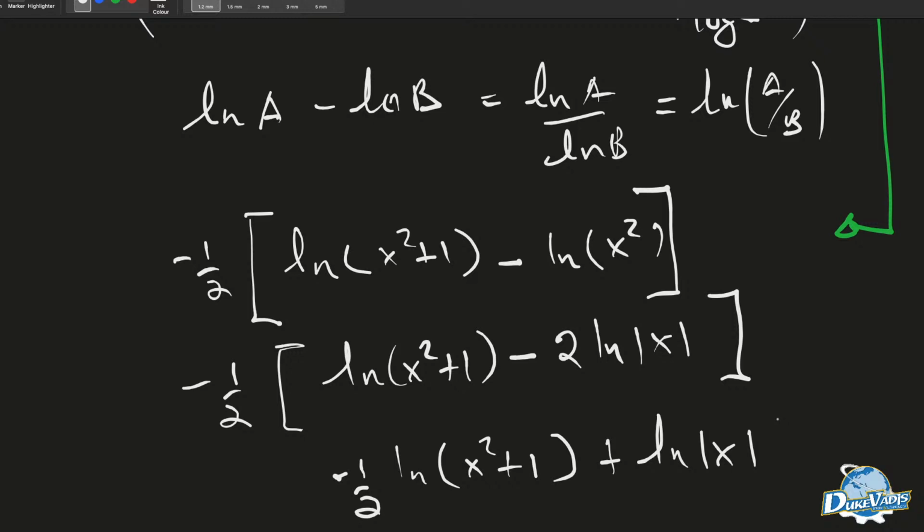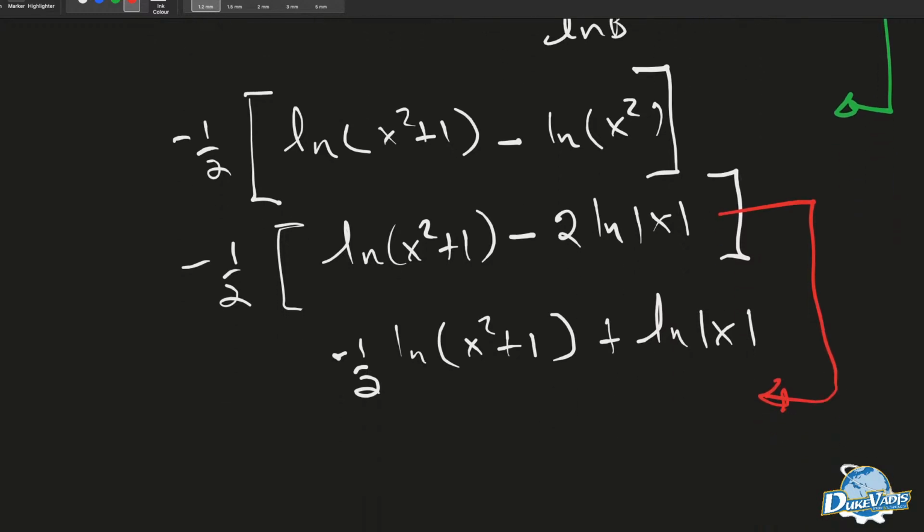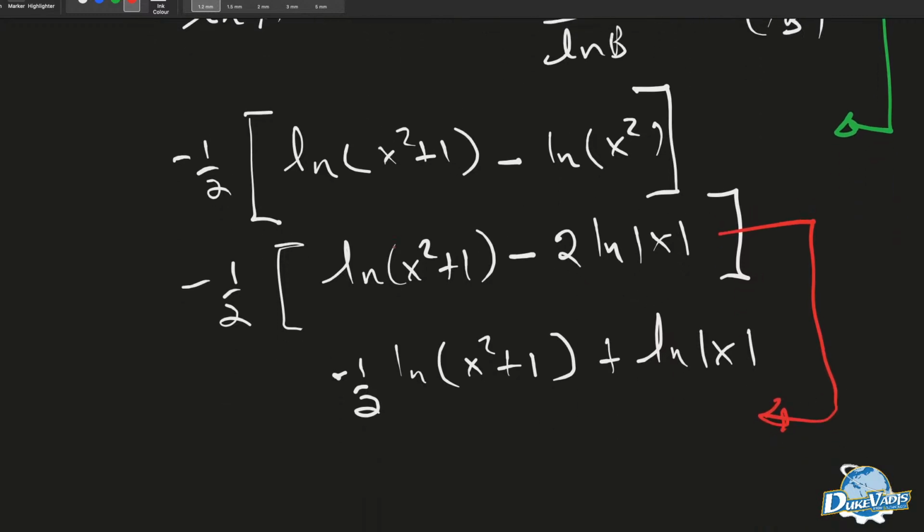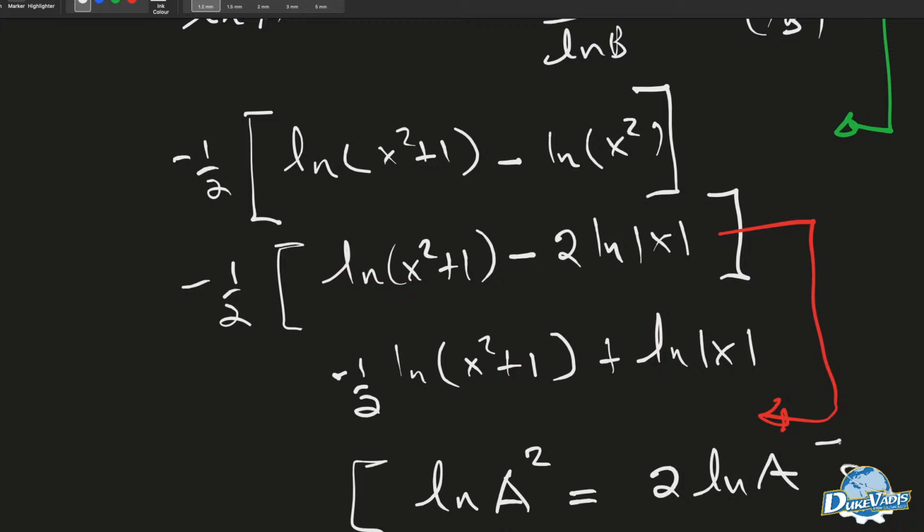Bear in mind, maybe somebody will ask me why this. Let me explain that if we have the natural log of something like a squared, this can be written as 2 natural log of a. This is a simple property of logarithms.